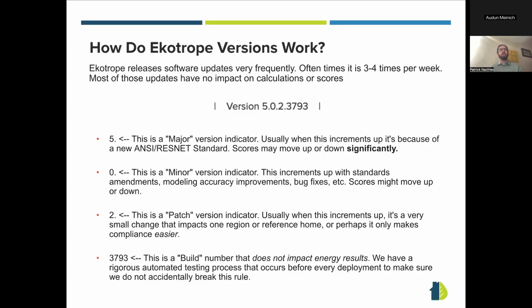There was a small tweak in the Iowa energy code where they wanted us to tweak how our infiltration QA check worked. That's a very small change that we're happy to support, but it is going to impact results, so we have to release a new version. That's why we do it as a patch version. It will only impact a very small sliver of projects. So that's what those numbers mean.